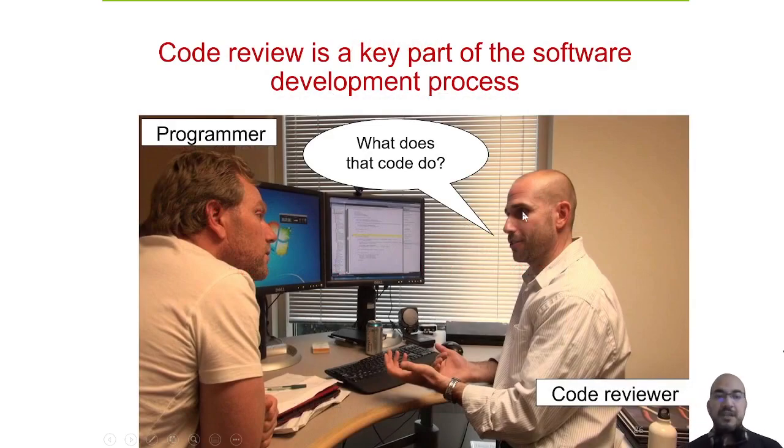So let me start with giving you the overview of what we call the traditional code review, which has been practiced for many years already. Code review is a key part of software development, as we said before, and it's important to ensure software quality.